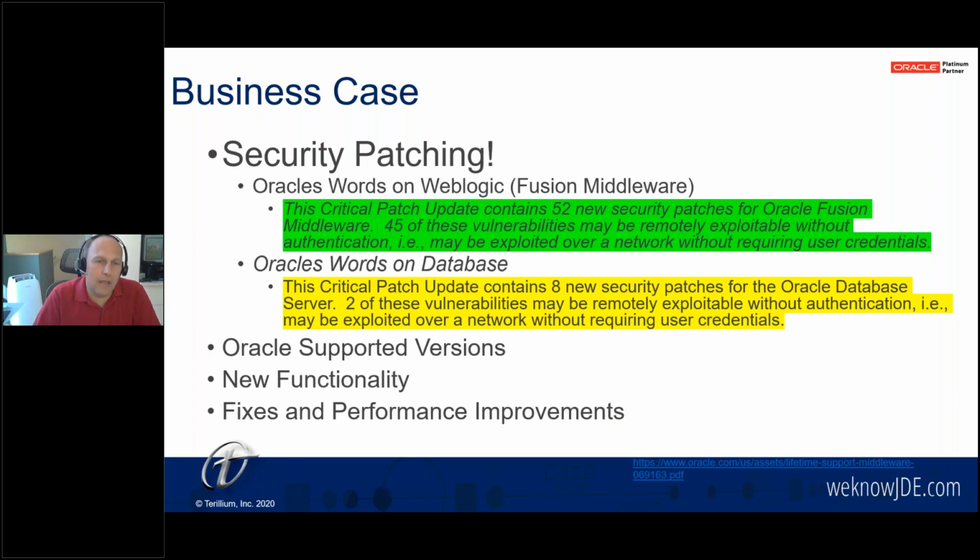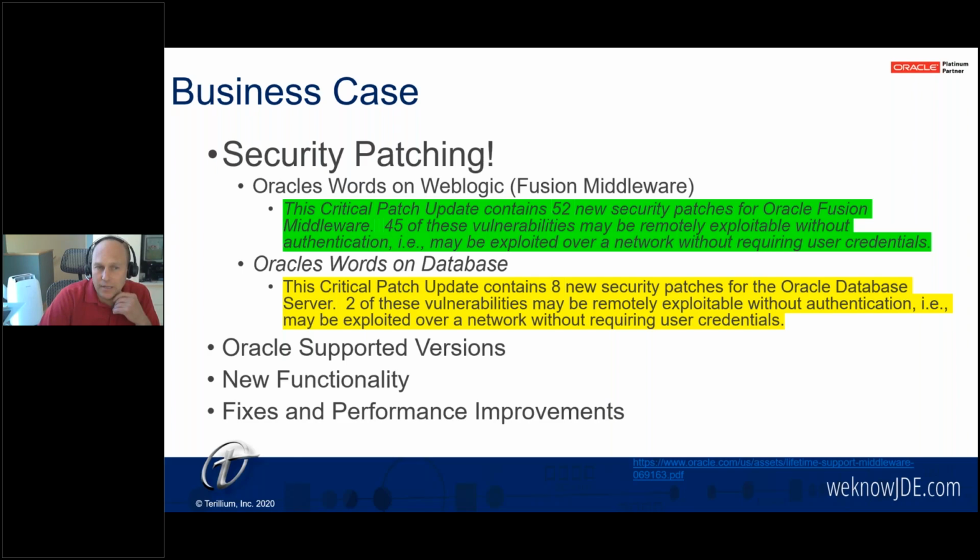One of the key things when you're trying to create a business case for upgrading the middleware layers, particularly WebLogic, is how many vulnerabilities have been exploited in WebLogic. These aren't JD Edwards vulnerabilities per se. These are true WebLogic vulnerabilities. So people carrying out cyber attacks are avoiding the JD Edwards layer and going straight for WebLogic vulnerabilities.